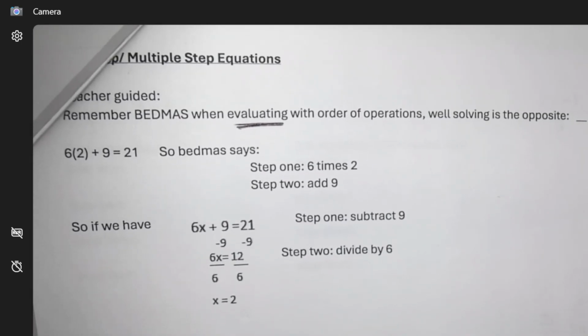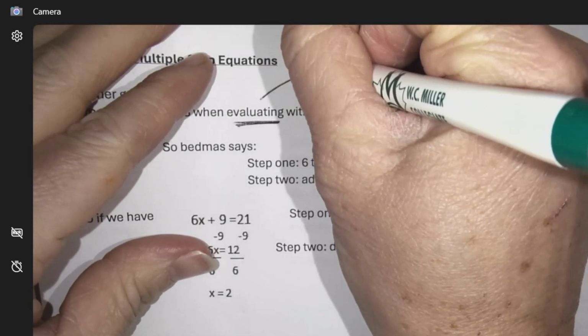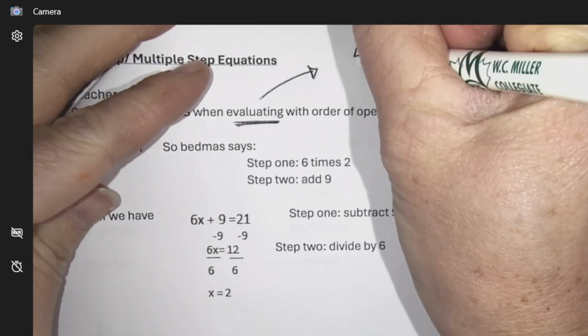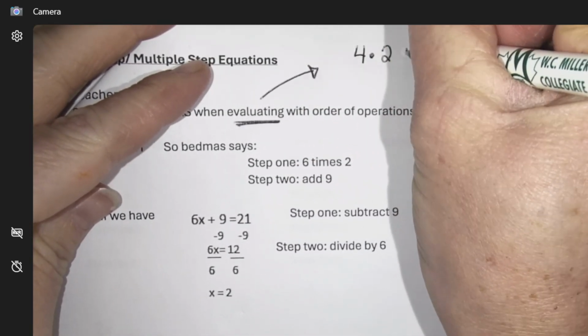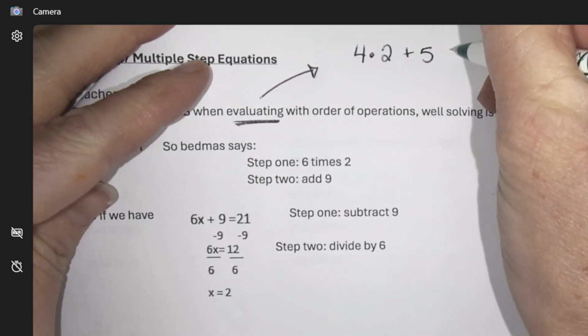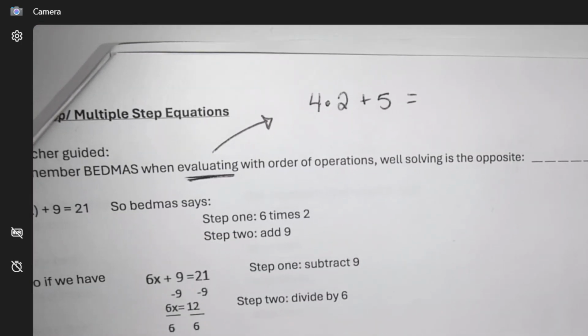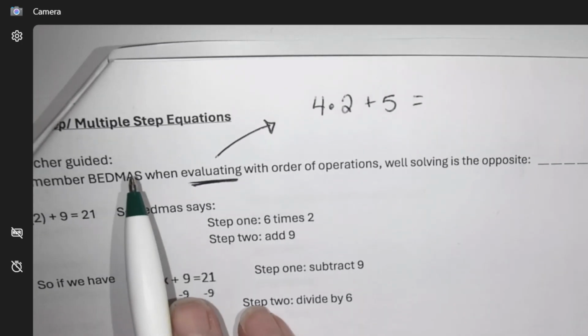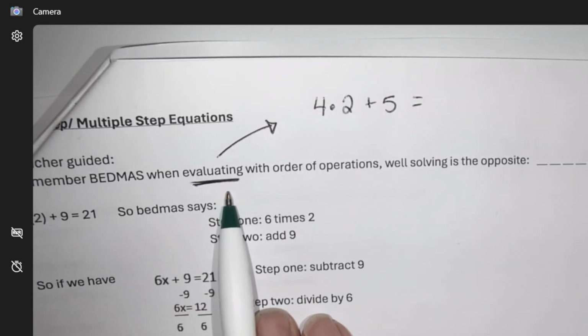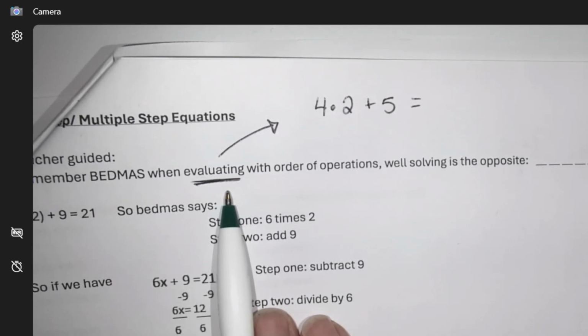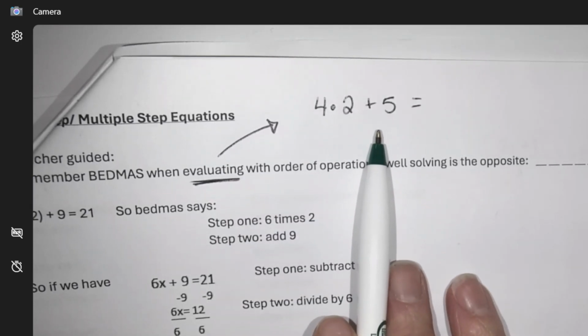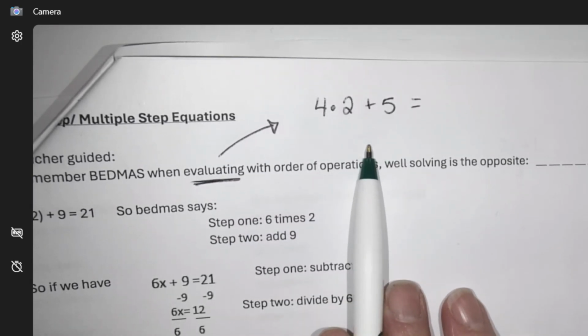When you evaluate something, the word evaluate means figure out a number. What would I do when I evaluate this?